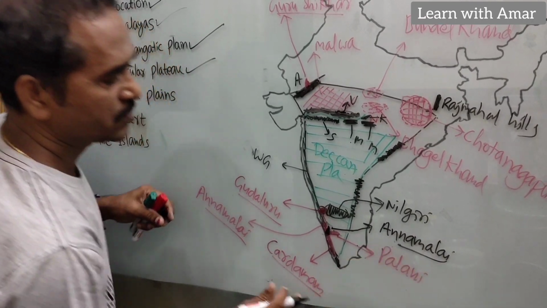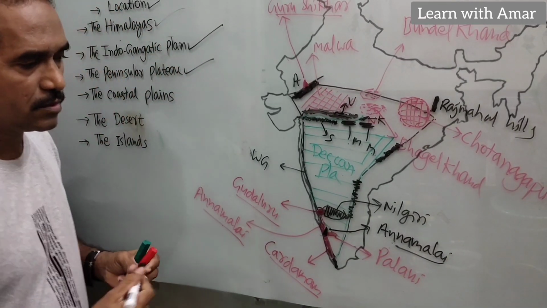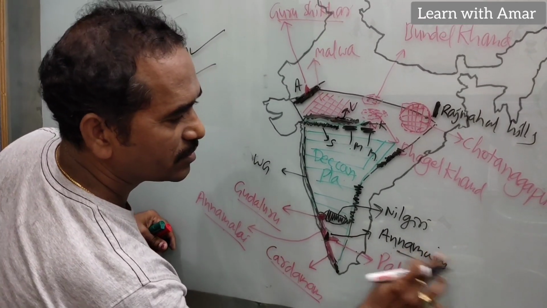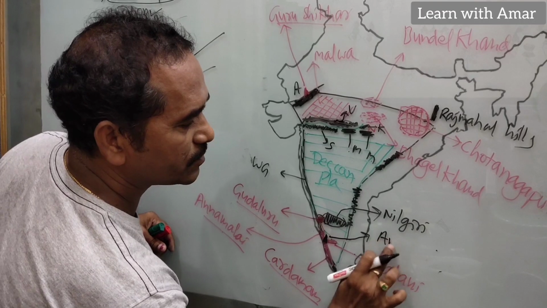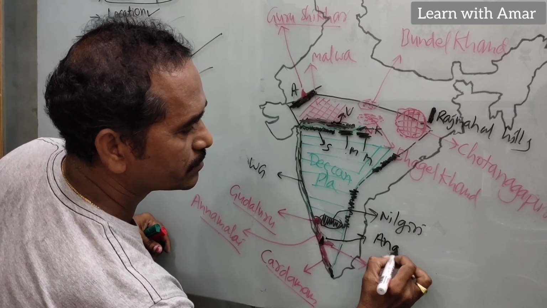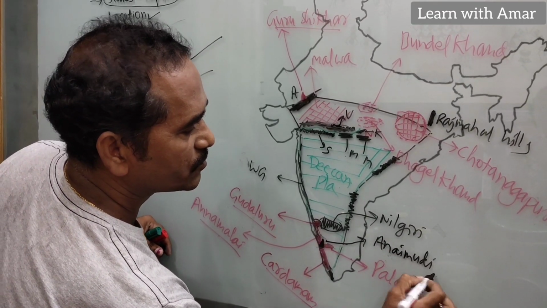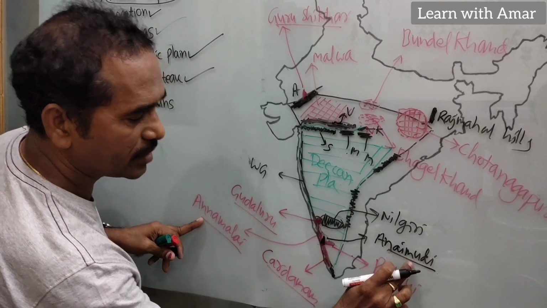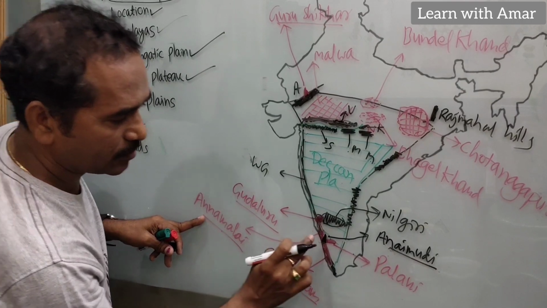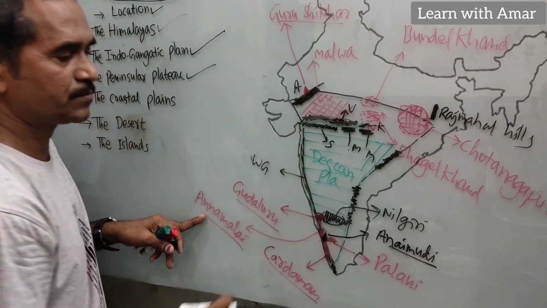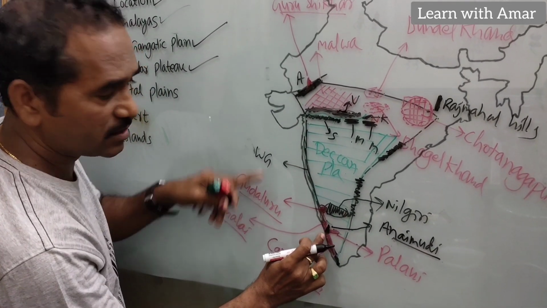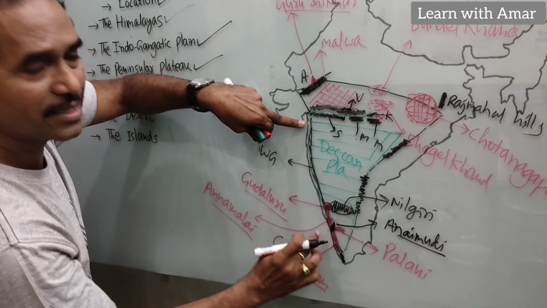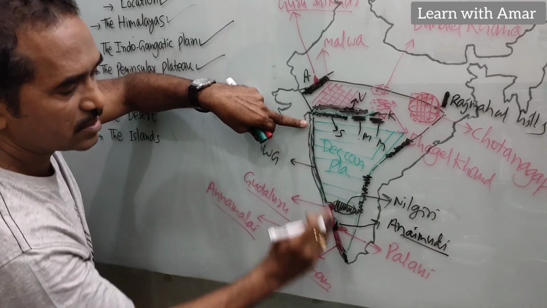It is Anaimudi, located in the Annamalai Hills. Anaimudi is the highest peak in the Annamalai Hills, which are part of the Western Ghats. Why do you see the highest peak on this side? It is to the south because the elevation of the Western Ghats increases as you go from north to south.